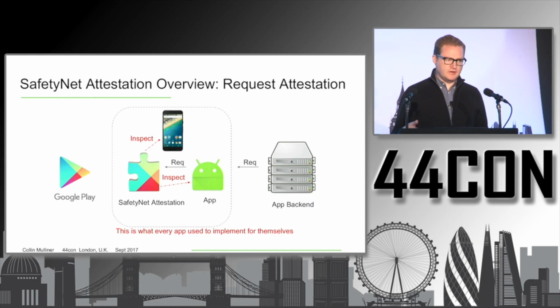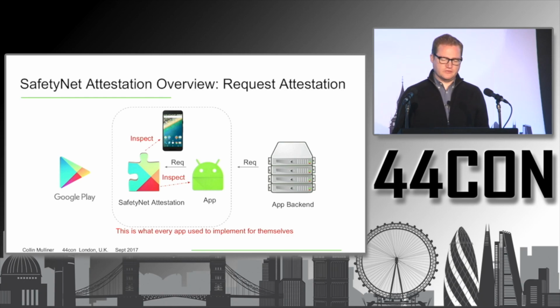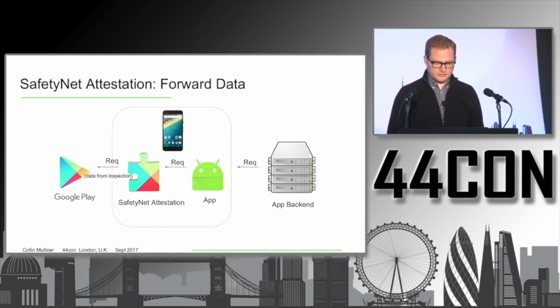And Google can update this client any time they want without you doing any update of your device. As long as the Play services has the base code for running SafetyNet, they can update that all the time, and that gives them very fast reaction to happenings, which I'm also going to talk about later.